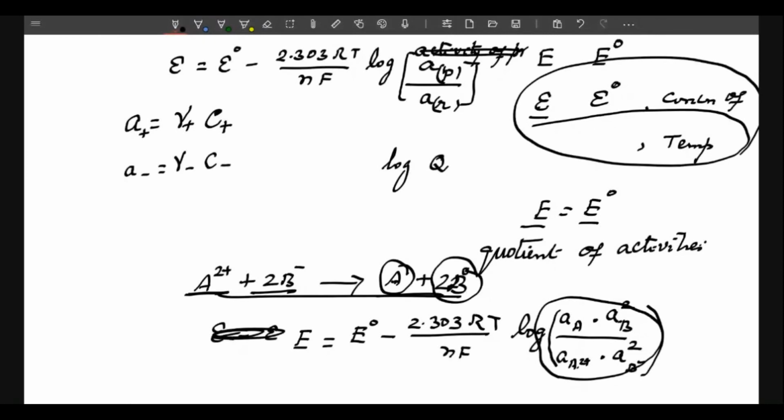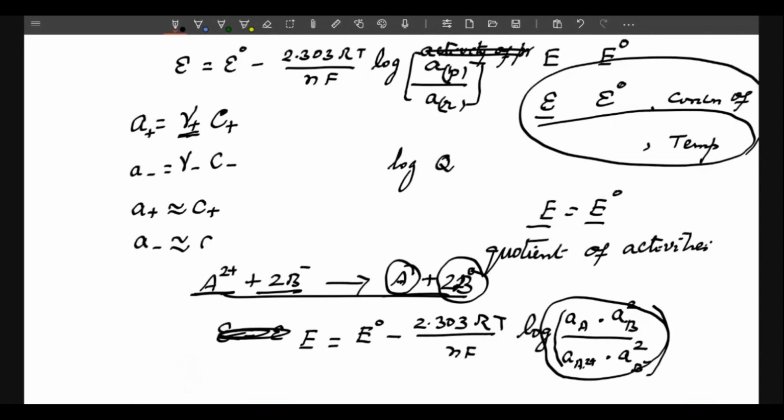You might have studied that when the solution is very dilute, the activity coefficient gamma is taken to be 1. Under this condition, the activity is more or less equivalent to the concentration. We equate the concentration to the activity when the solution is very dilute. That is, as dilution increases, the electrolyte behaves ideally.